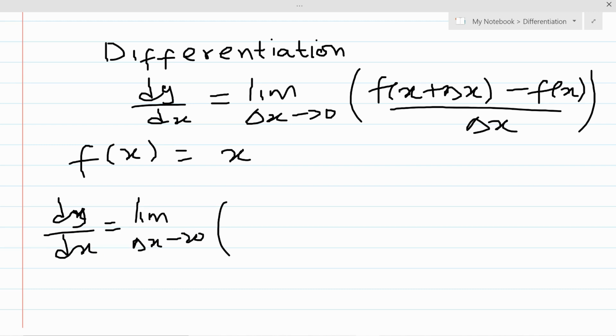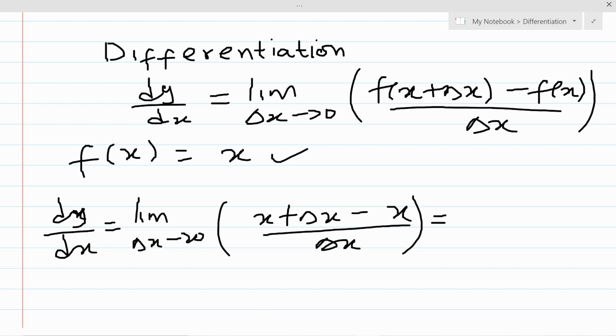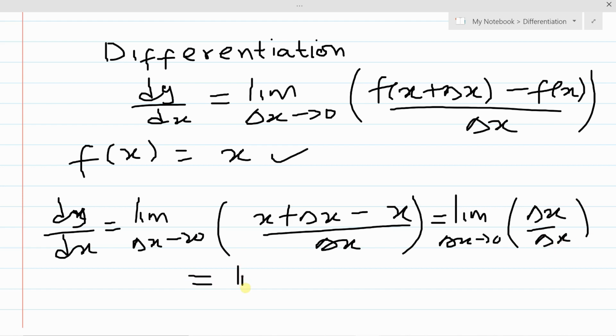That means wherever I see x, I put x plus delta x there, then minus f of x, which is x, all over delta x. This is equal to the limit as delta x approaches 0 of delta x over delta x, and delta x over delta x is 1, so we get the limit as delta x approaches 0 of 1.